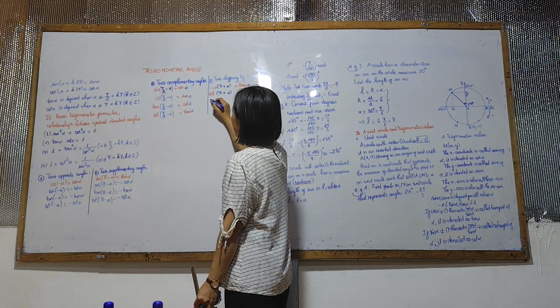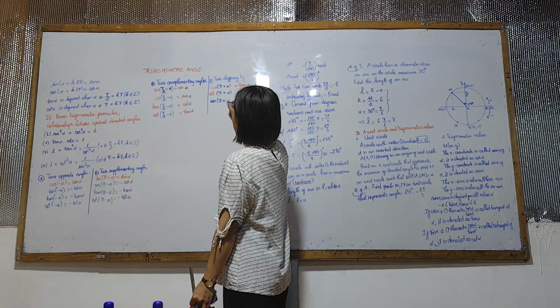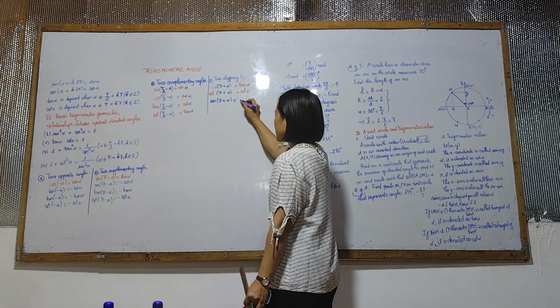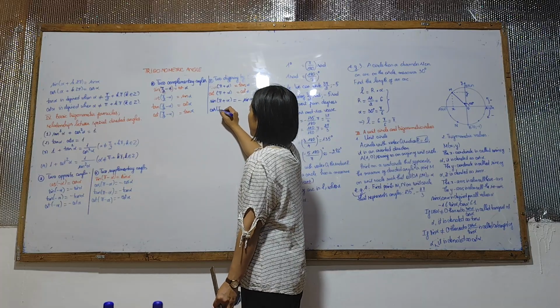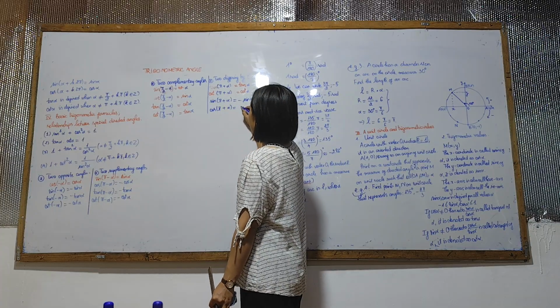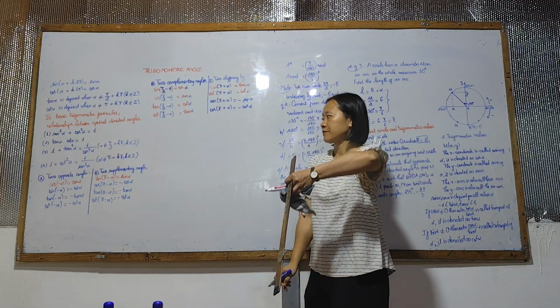And sine of pi plus alpha equals negative sine alpha, and cosine of pi plus alpha equals negative cosine alpha. Yes.